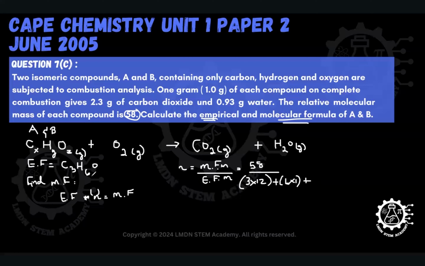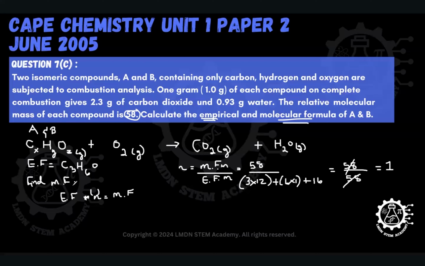And then we would add 16 for the 1 oxygen that's present. Adding this, we're essentially adding 36 plus 6, which is 42. And then 42 and 16 is 58. So we find out that the empirical formula mass and the molecular formula mass, or the molar mass, are the same. And so n is simply 1 in this case.